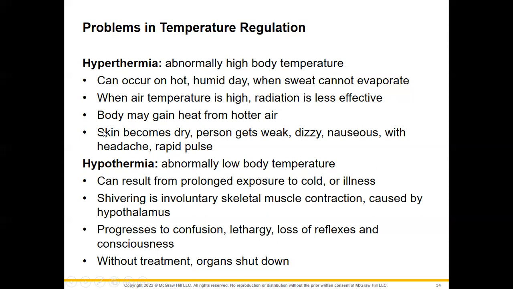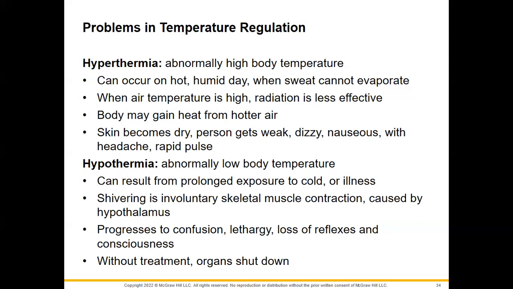In that case, the skin can become dry. The person can get weak, because you're losing so much energy because now you're so hot. A person can become dizzy, nauseous, have headaches, and their pulse becomes extremely rapid.